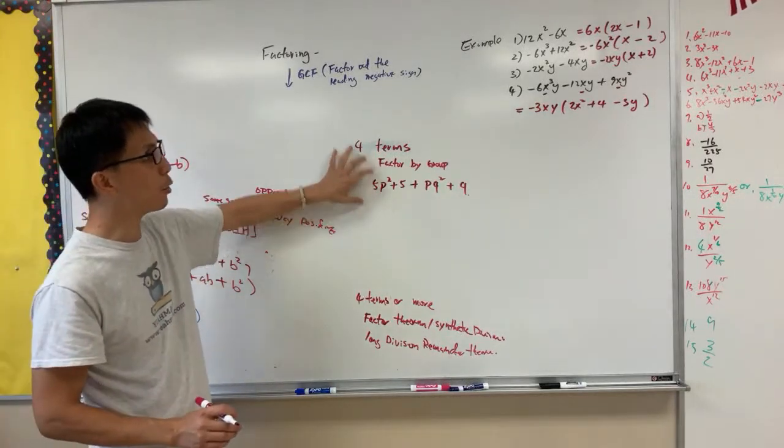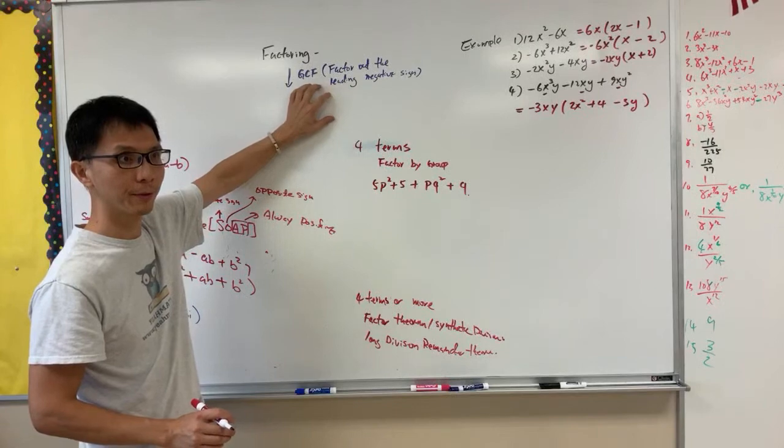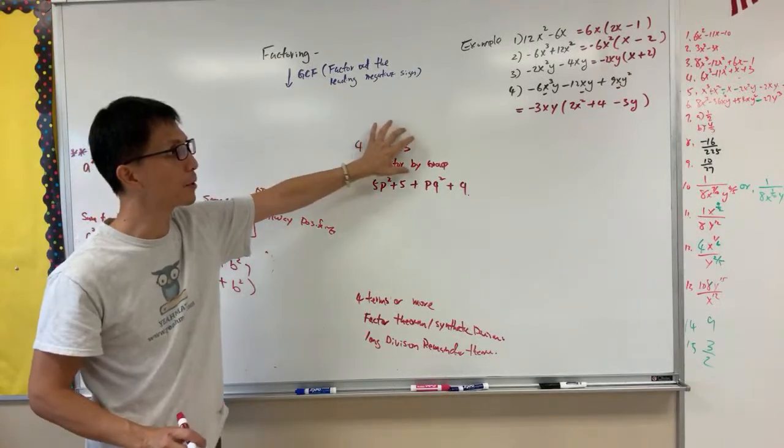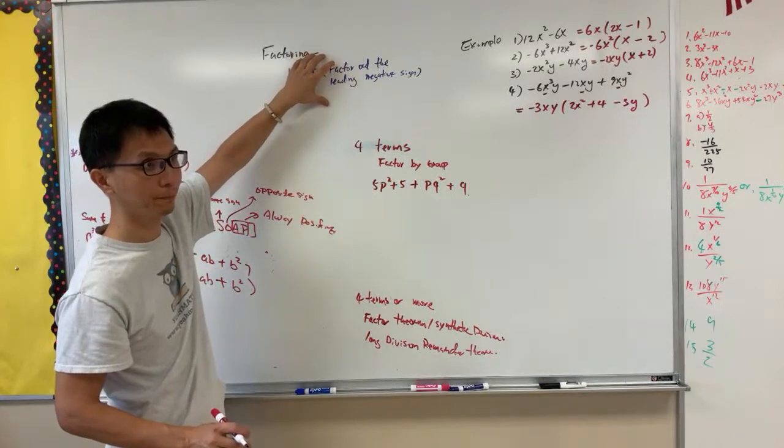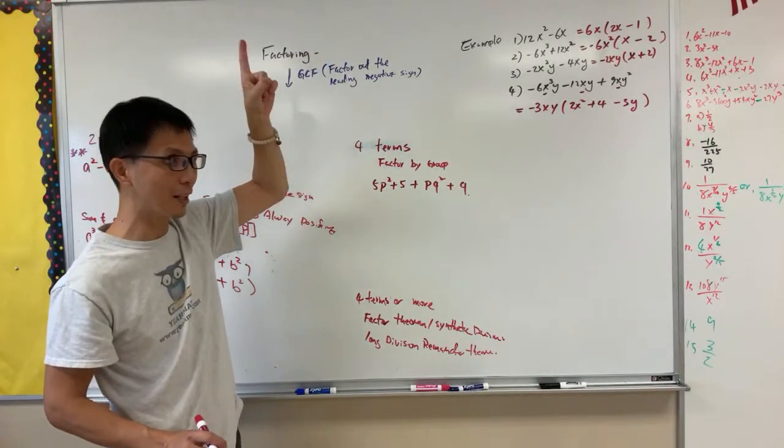So this is closer to this. Okay, so 4 terms, factor by grouping. This one is the closest thing from here. All we have to do is one step.